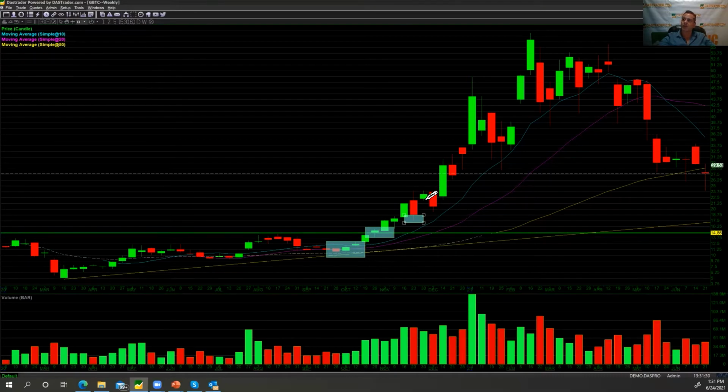Okay, so here is another ladder buy the pullback area. Another one right there. And certainly it worked all the way up to this point. Each time it pulls back to this rising 10 period simple moving average on the weekly.